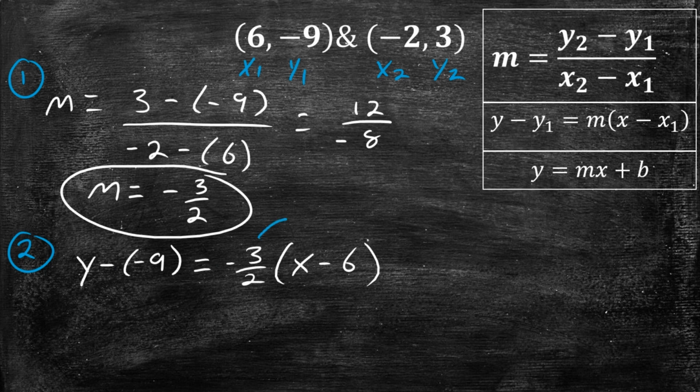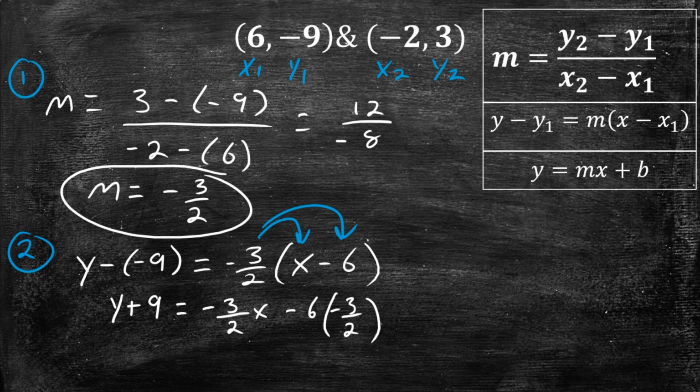So I'm going to go ahead and distribute this negative 3 halves into everything within the parentheses here and simplify the left-hand side as well. So y minus negative 9 is y plus 9 is equal to negative 3 halves x. And then we got minus 6 times negative 3 over 2, like that.